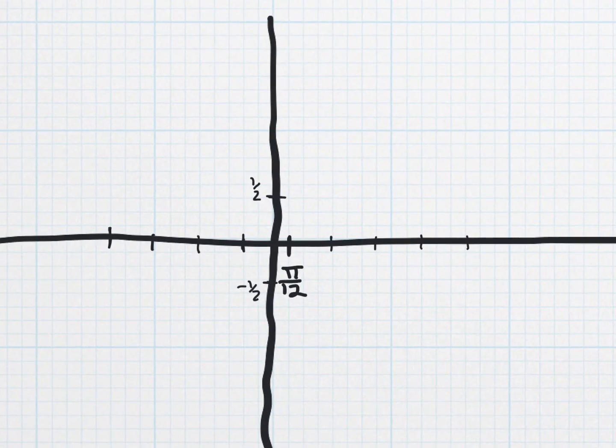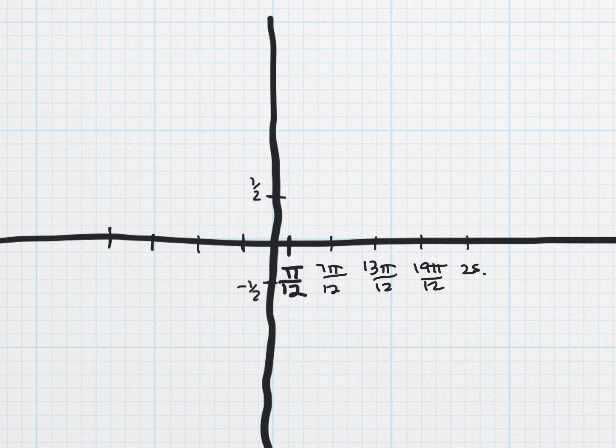After the pi over 12, remember it was the 7 pi over 12. Then the next one was the 13 pi over 12. Then the 19 pi over 12.